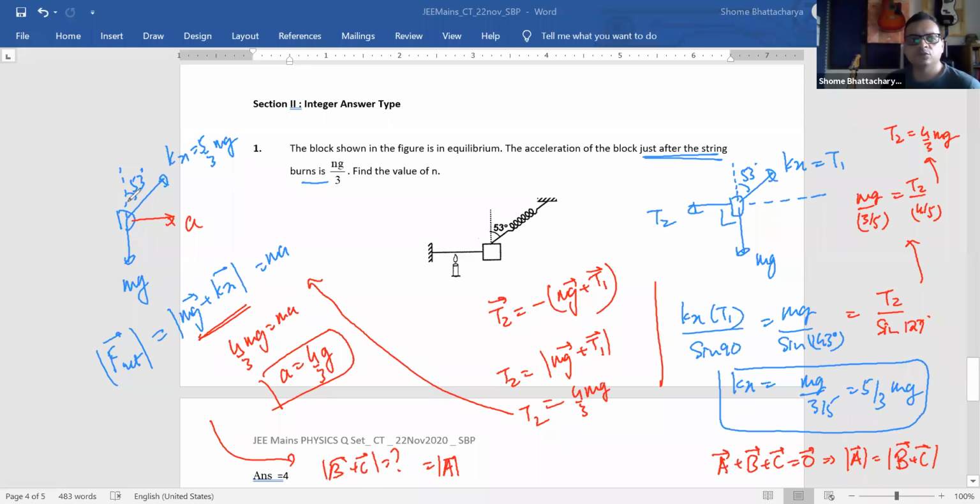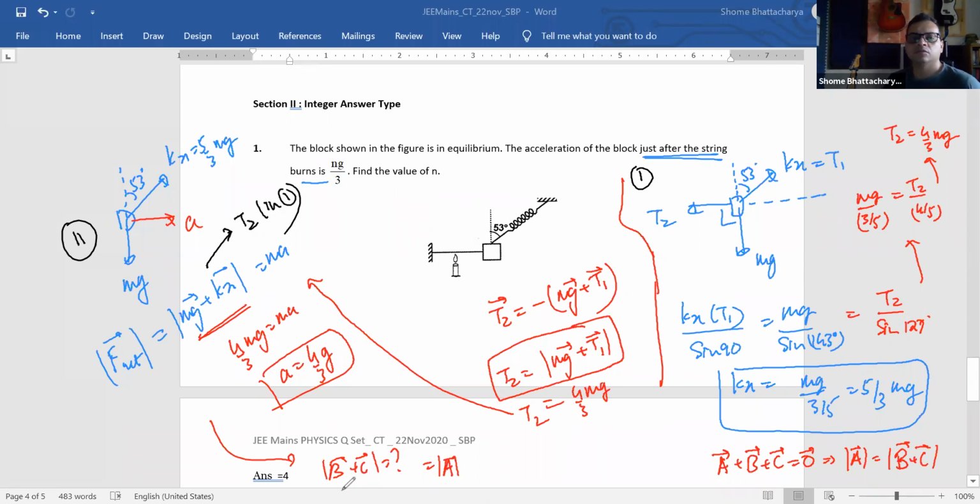So what I have to do is calculate the vector sum of kx and mg, but I can use this little trick that the vector sum of kx and mg has a magnitude equal to T2 only. And what was T2 before the string was burnt, in the first diagram? Whatever is the value of T2 in the first diagram, that is the value of the vector sum of these two in the second diagram. So that is it.